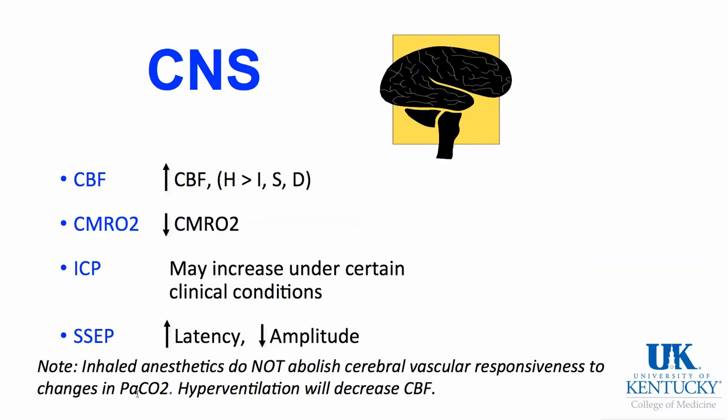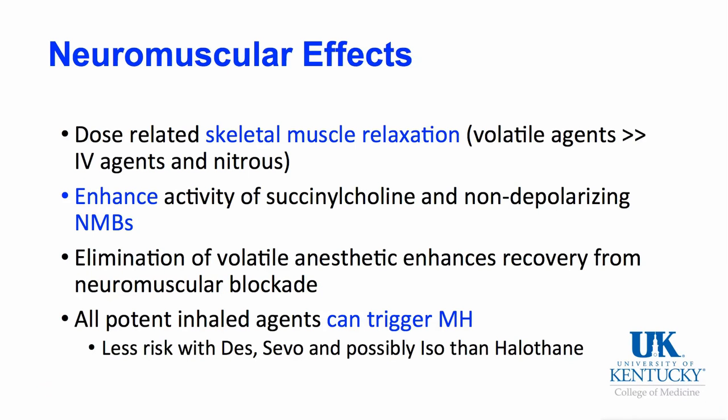And hyperventilation will do that very quickly, but over very short periods of time before equilibration occurs. So this hyperventilatory effect on PCO2 and cerebral blood flow occurs under volatile anesthetics also. Neuromuscular effects: you get relaxation of the muscle with volatile agents, not like rocuronium, but it actually potentiates rocuronium's effects.